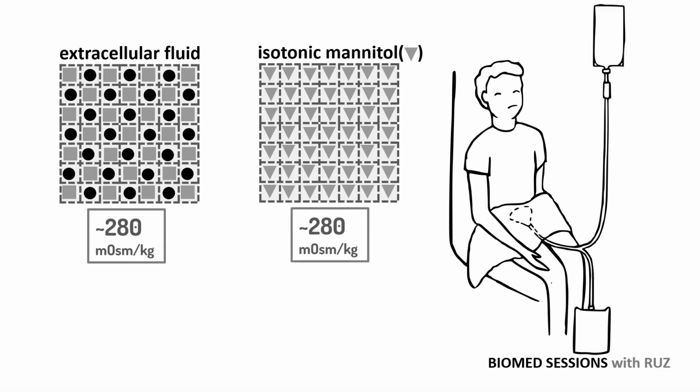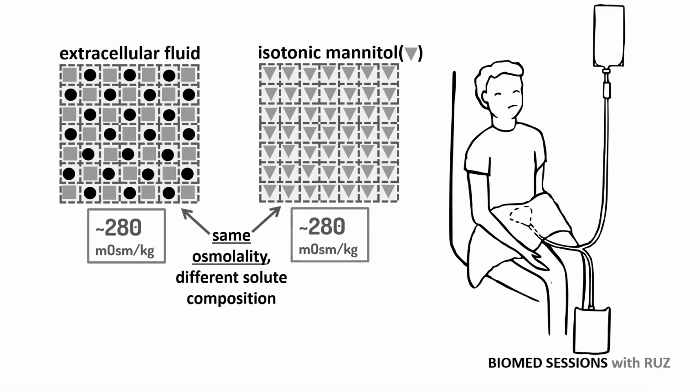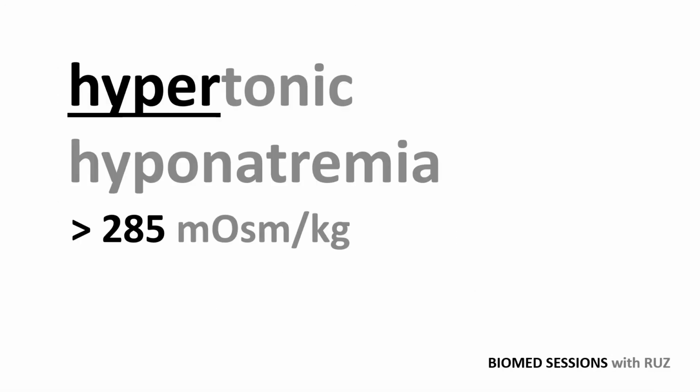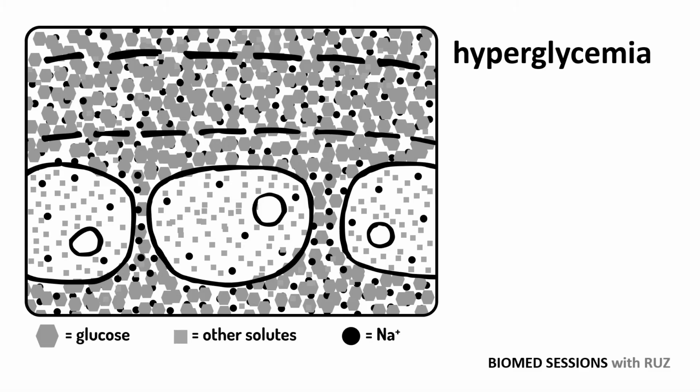But there will be no shift of fluid into the cells because the fluid being given does not change the osmolality of the extracellular space, as it has the same number of solute particles per kilogram, despite there being a lesser proportion of sodium.